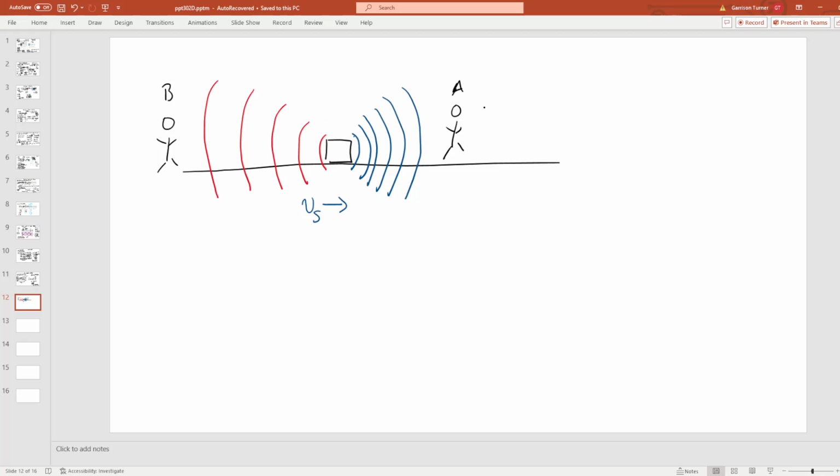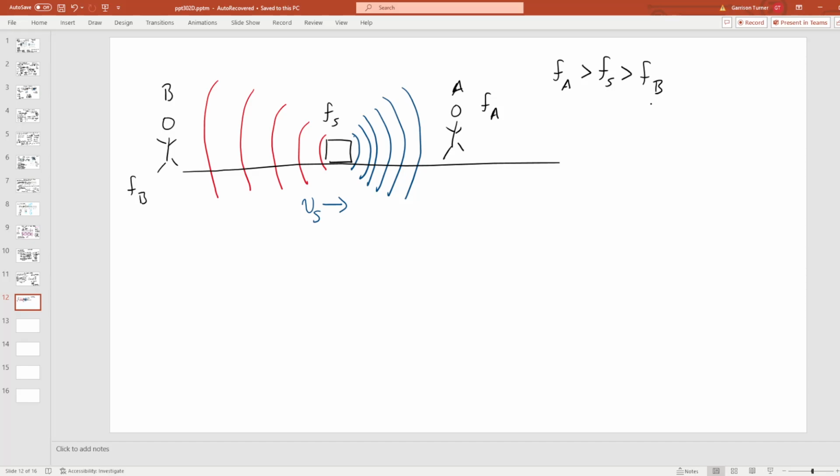If the siren is moving to the right toward A, then the frequency A hears is going to be higher than the frequency of the siren, which is higher than the frequency that B hears.